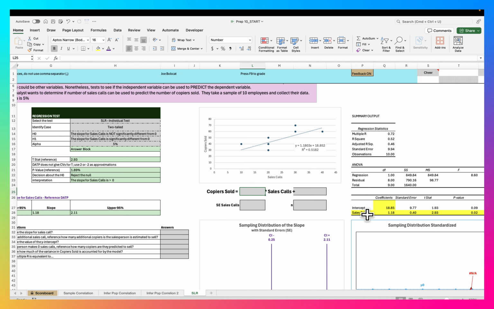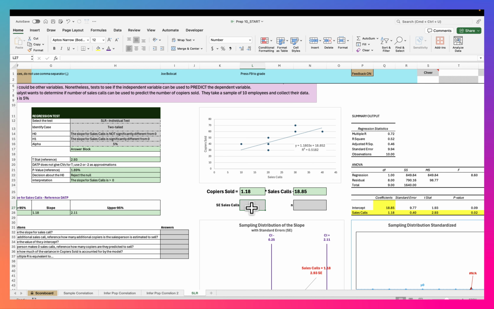Well, it's the coefficient of the sales cost. So we just click here and put equals that coefficient plus, and then put equals and plus the intercept. And that's our regression equation. It's exactly the same regression equation that's here, but here it's up here so we can use it later.